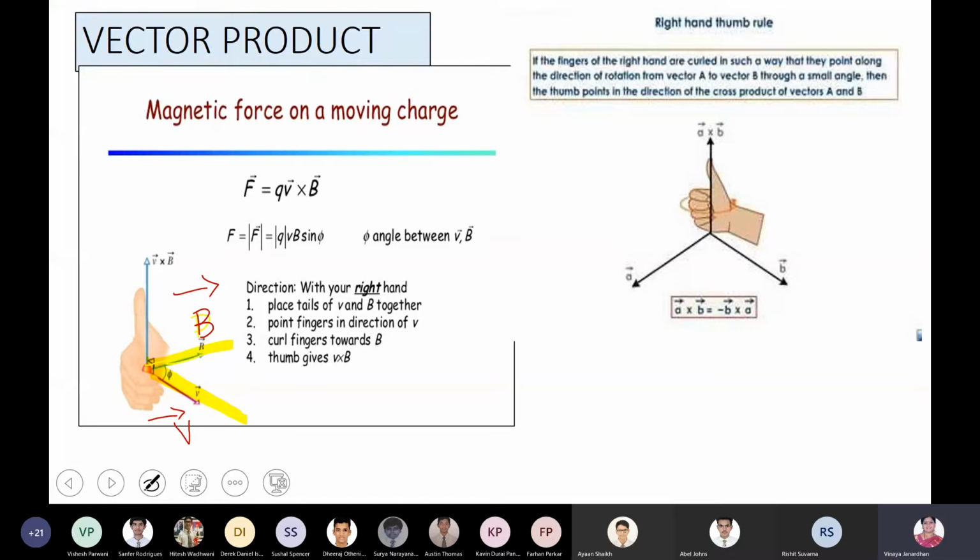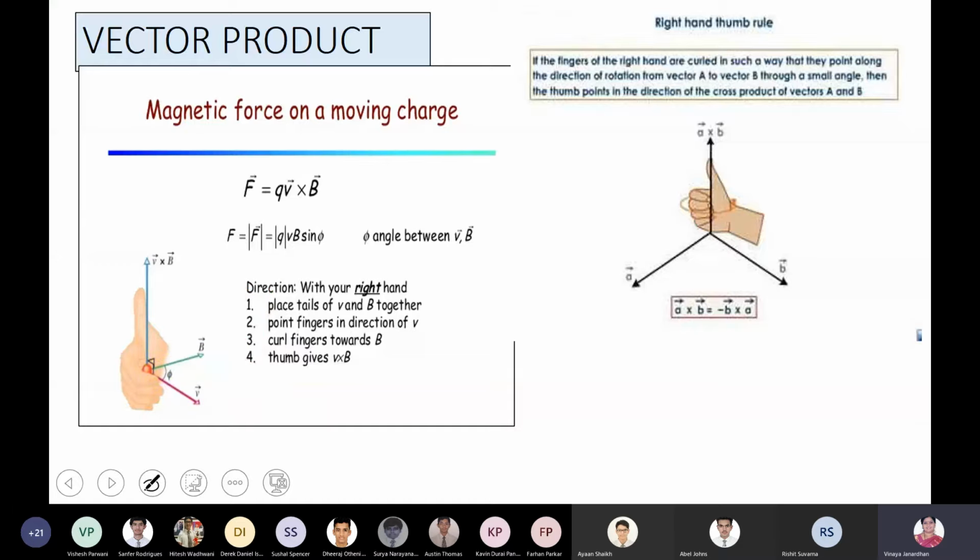Can you imagine B and V vectors lying along the plane? Say B vector is lying along your x-axis, and V vector is lying along your y-axis. Are you clear, boys? Which means your charged particle is moving in an xy plane. Now how do we find the direction of the force experienced?